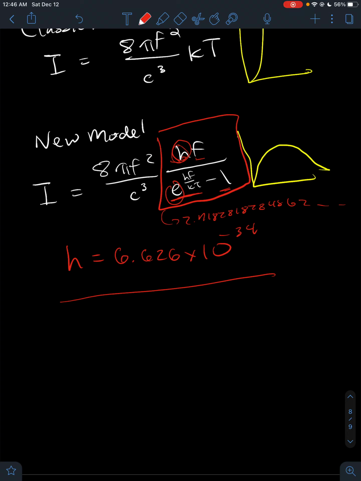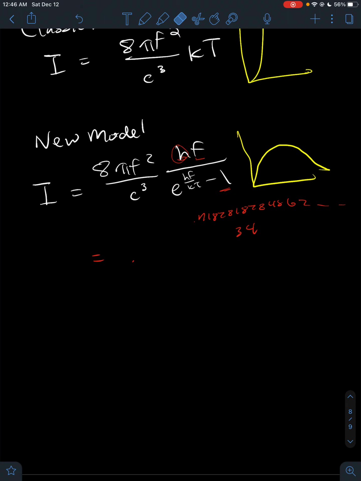So what you get after some time, let's just erase this, is as your frequency increases, your intensity goes up. Your intensity goes up as your frequency starts to increase.